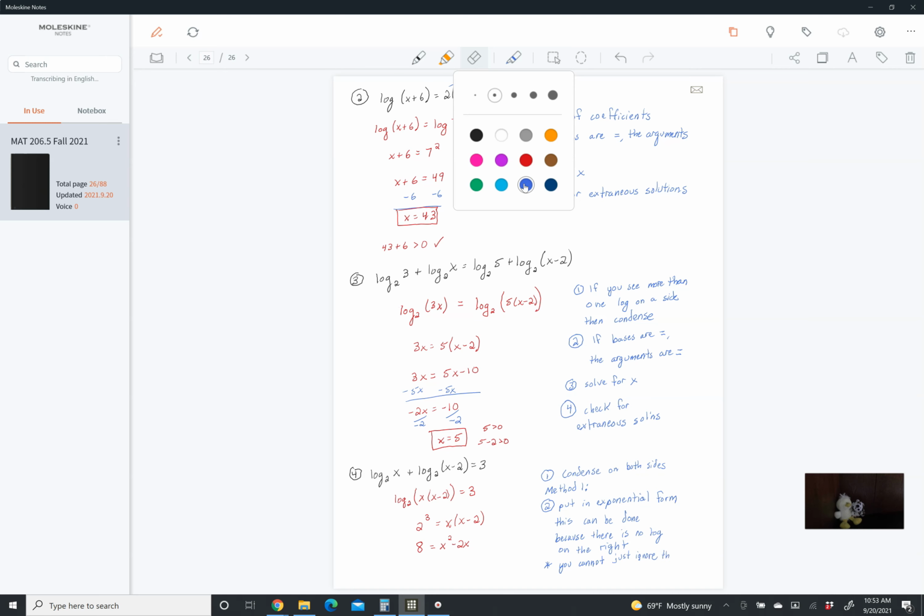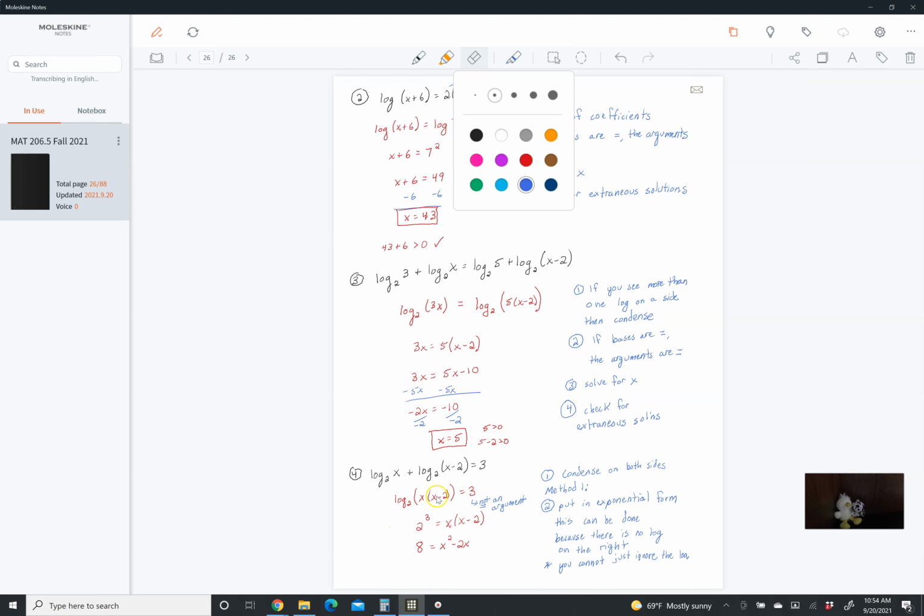So the most common mistake that a student will make is they'll say x squared minus 2x equals 3. This is not an argument. So you are not using this as your step 2, okay? Because this is not an argument.